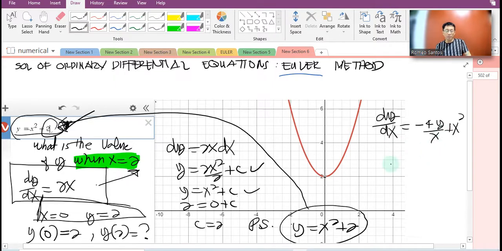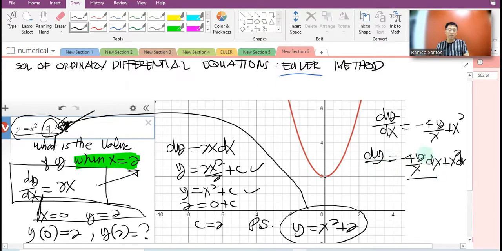We cross multiply dx, so we have dy is equal to negative 4y over x dx plus x squared dx. Okay? Ang problema natin itong dito kasi nga may halong y sa dx. Paano mo yan mapupunta dito sa dy? Ang hirap niyan.